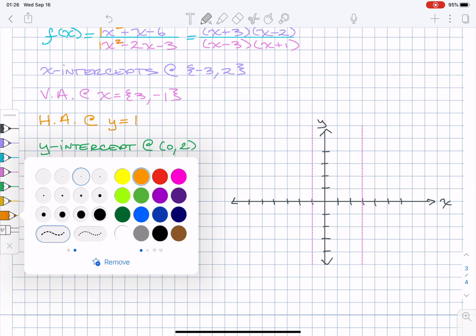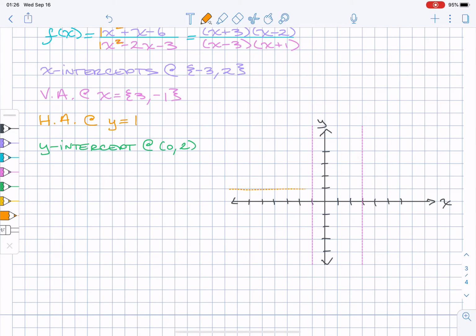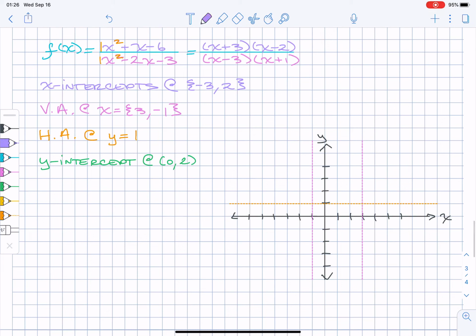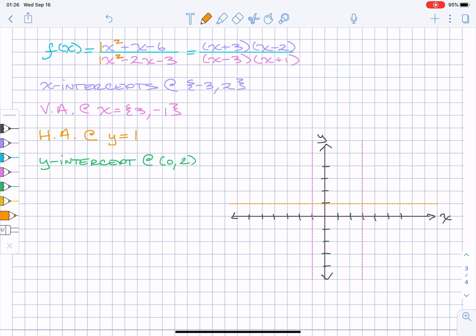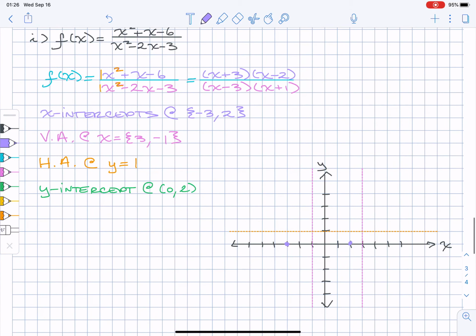So let's make this asymptote. Okay, my x-intercepts, let me change this to a solid line. My x-intercepts are at -3 and +2. My y-intercept is at +2.